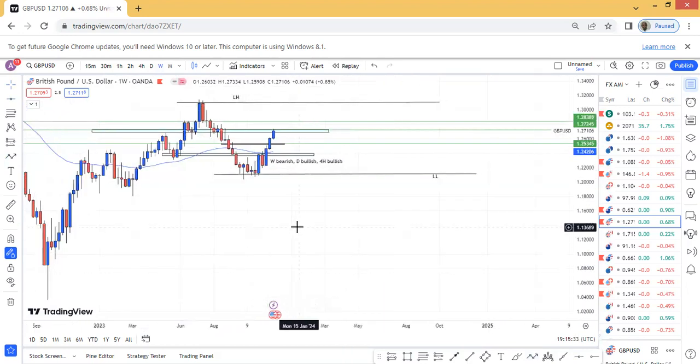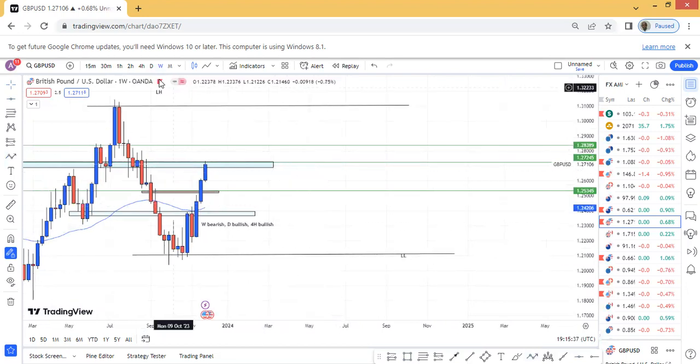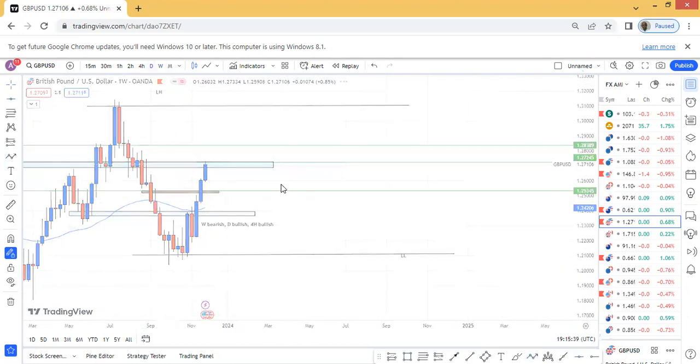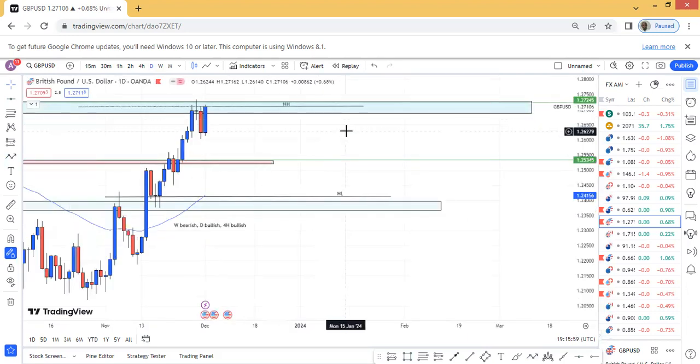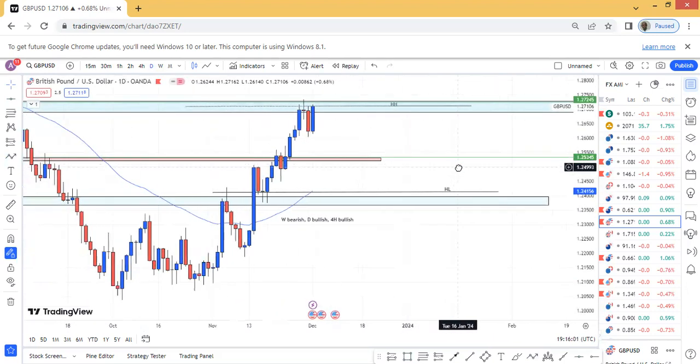I'm going to wait for the daily close of Monday's candle to be able to predict precisely what price will do, and stay put and wait to see what the market will do.